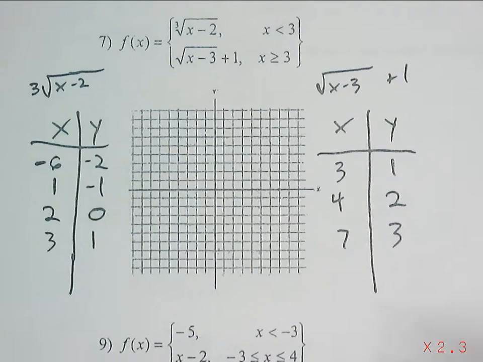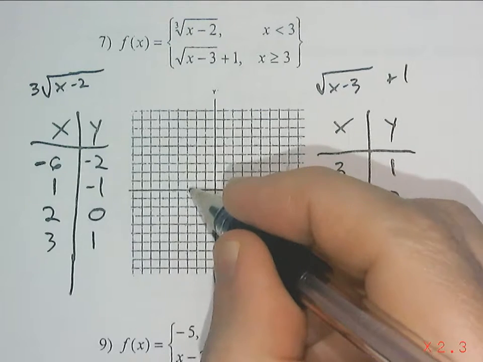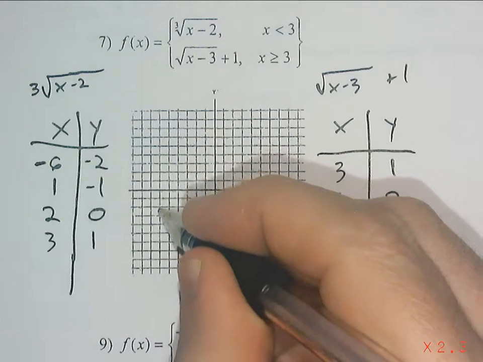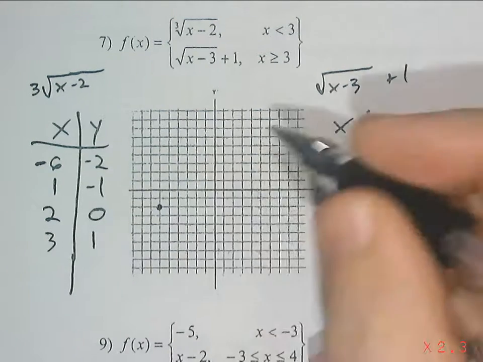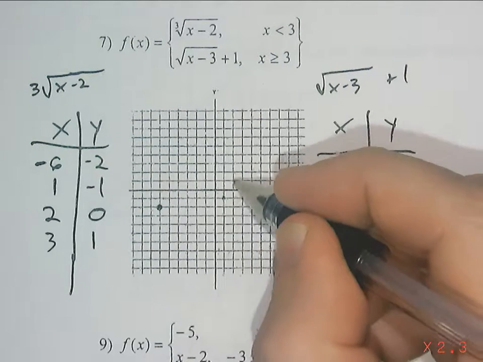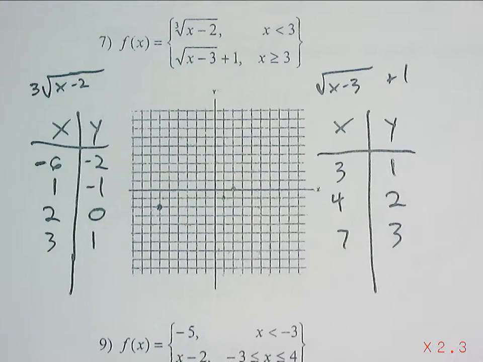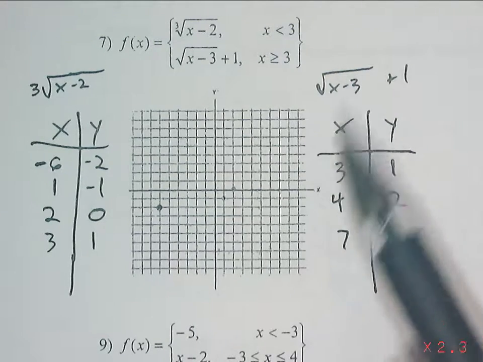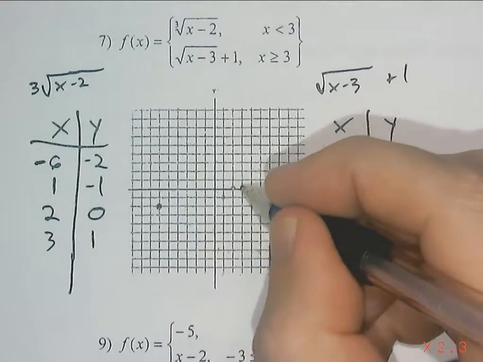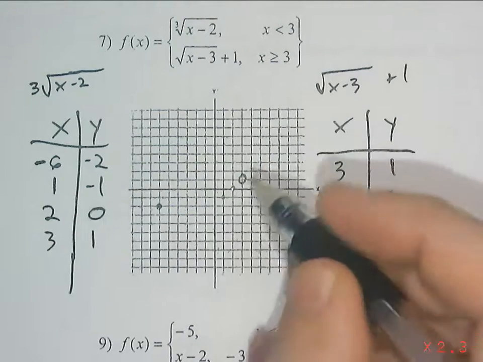So I'm going to plot those points. -6, so 1, 2, 3, 4, 5, 6, down 2 would be my first point. And then it would be -1, -1, and 2, 0. And then at 3, I'm going to have, actually I can include all these, but the 3 is going to have an open circle, right? So right here, I have an open circle.